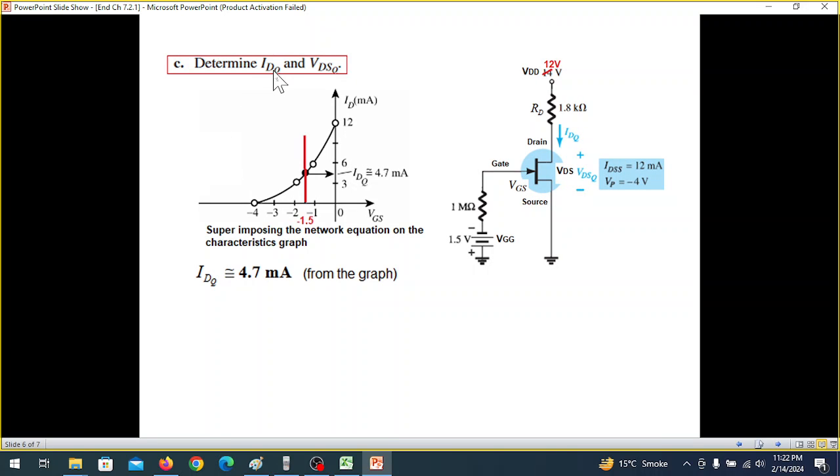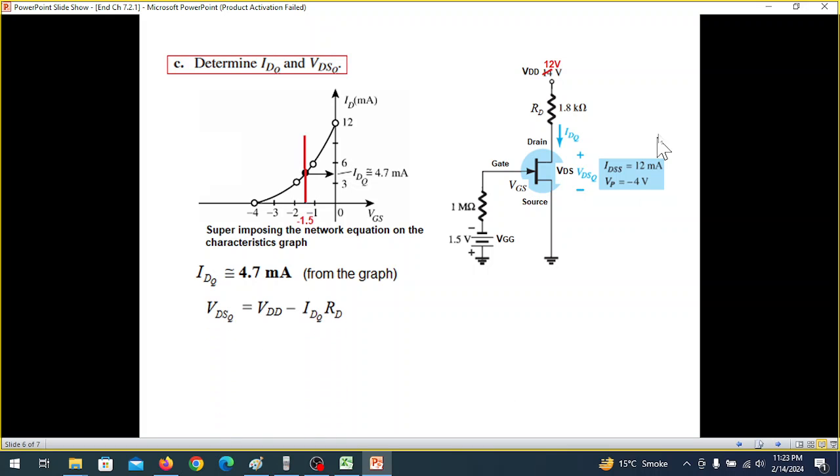Now it says determine IDQ and VDSQ. Now IDQ is the point where the network line and the graph intersect. That gives us the quiescent point, or Q point, for the drain current, which is approximately equal to 4.7 milliampere. This is from the graph. And now we can find VDSQ. The VDSQ is this voltage.